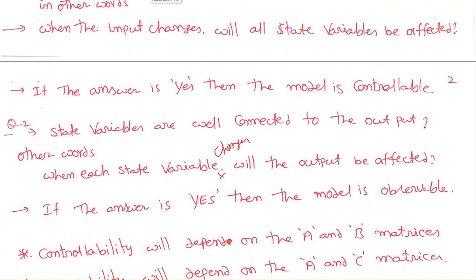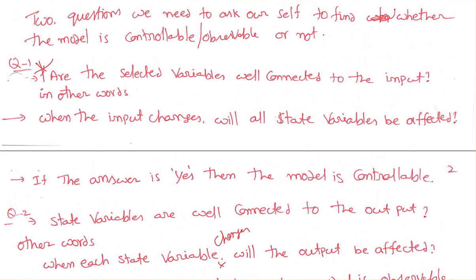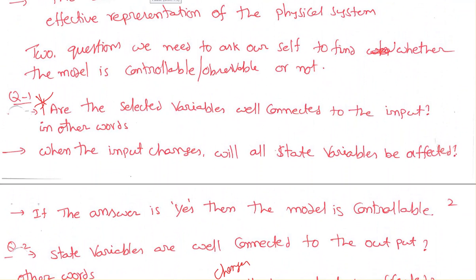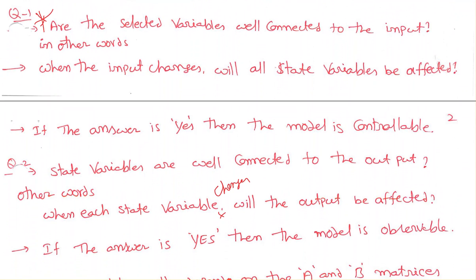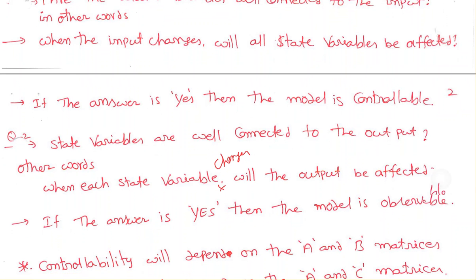So that's how we define whether the model is controllable or observable or not. Again, controllability comes with changes in the input, and observability comes with the output.